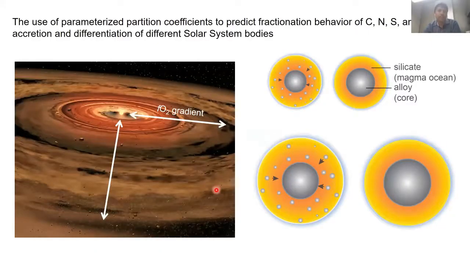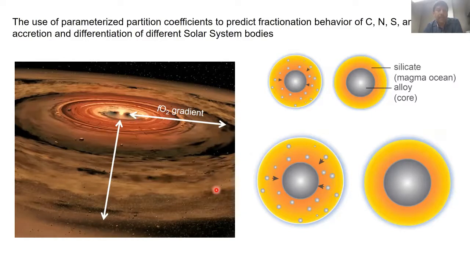So what we can do now, just to summarize what we went through, is use all of these partition coefficients that we determined for carbon, for nitrogen, for sulfur, and that others have determined for hydrogen. We can parameterize them as a function of many different intensive and extensive variables that seem to influence them.